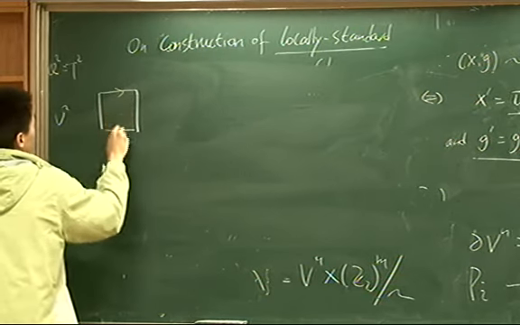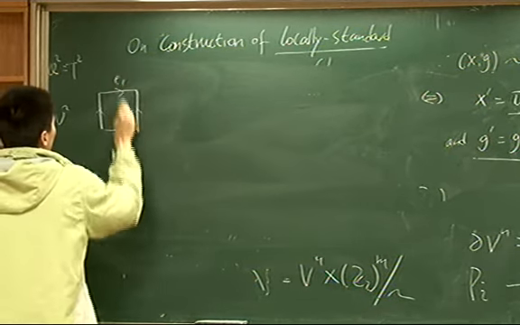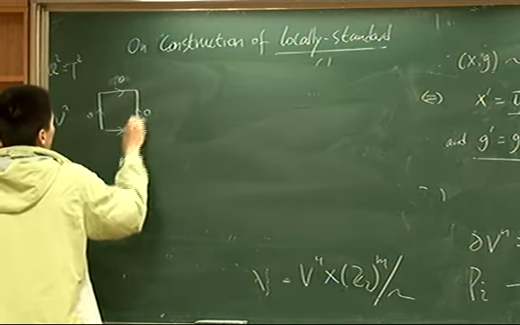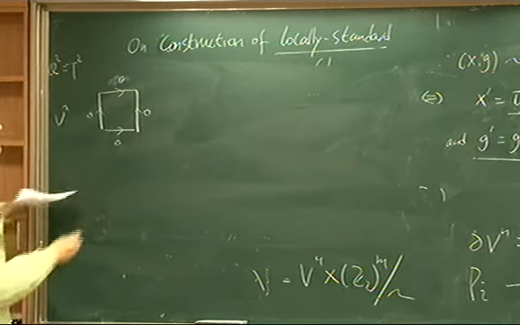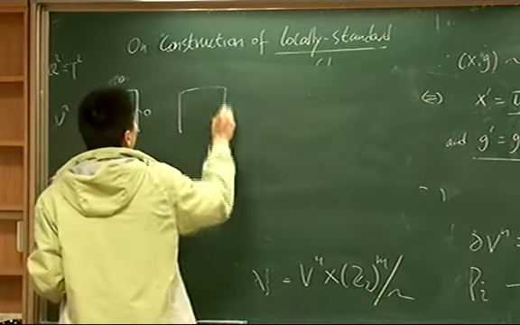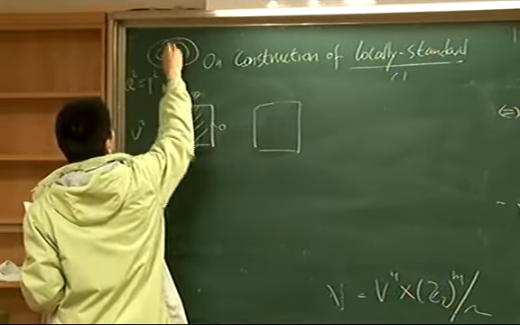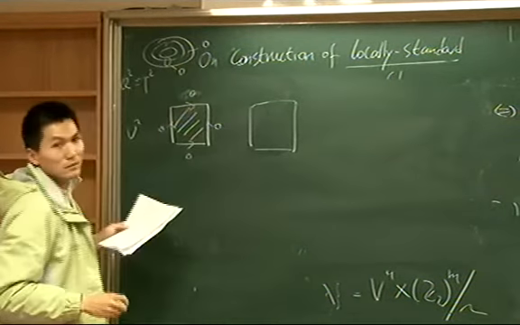It's a square, and I color it by, say, E1. First of all, suppose it's 0. If the color is 0, it's a torus. Suppose we color this by 0 and 0.